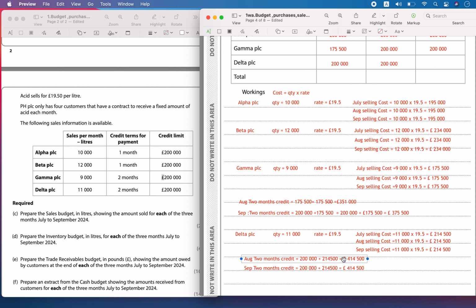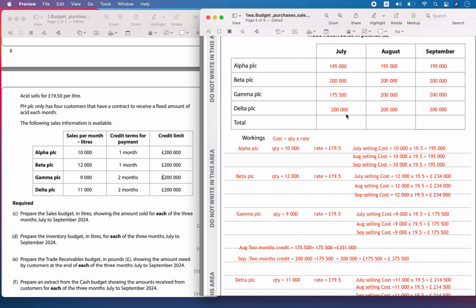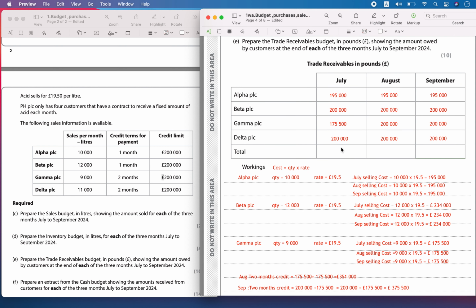So 2 months credit means 414,500, but the company policy is only 200,000 allowed, so the rest they would have ended up paying in cash. So in the trade receivables books you will still see these amounts. This is the maximum credit limit that's allowed, so you will see this in the books.